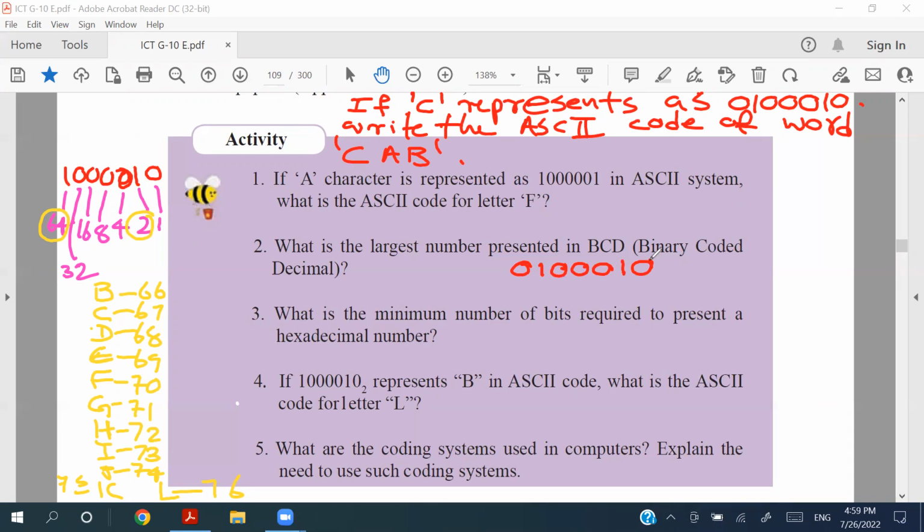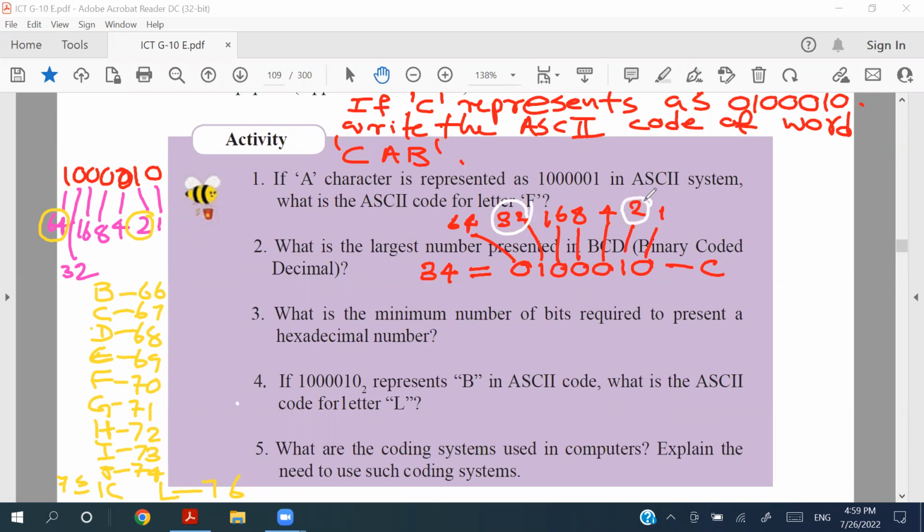Rizwan, you still have a problem. Hold on, don't panic. This is C. So this represents what? This is 34, isn't it? The place values are 1, 2, 4, 8, 16, and this has 32, and this is 64. So we are considering 32 plus 2.